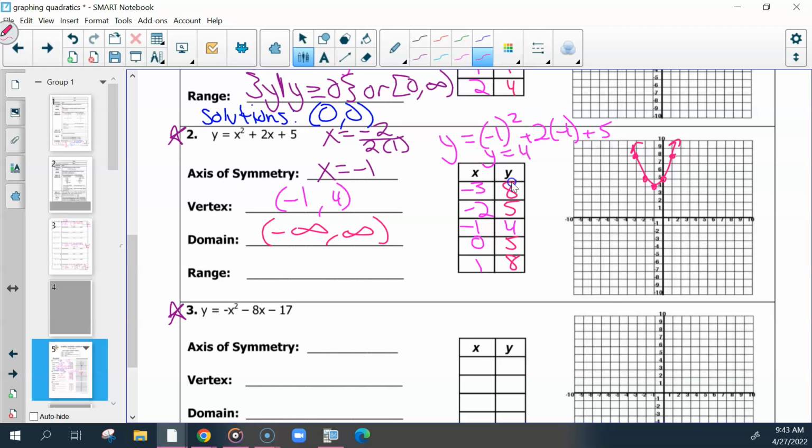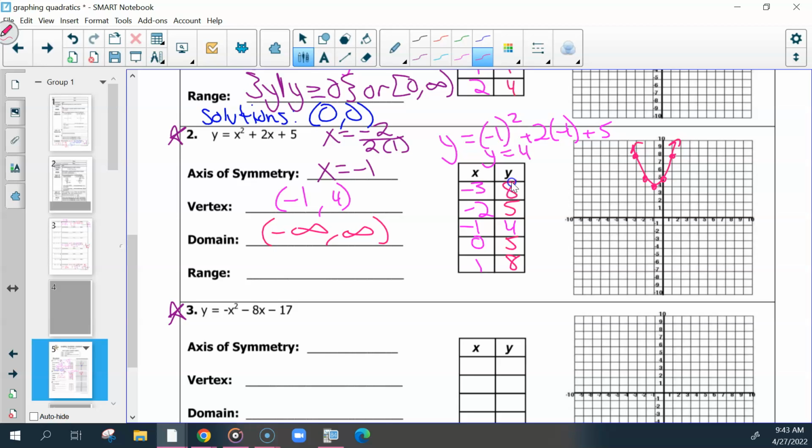Ask it. Okay, I'm having a really hard time graphing this. Plot your points first and connect them with a U-shaped line.